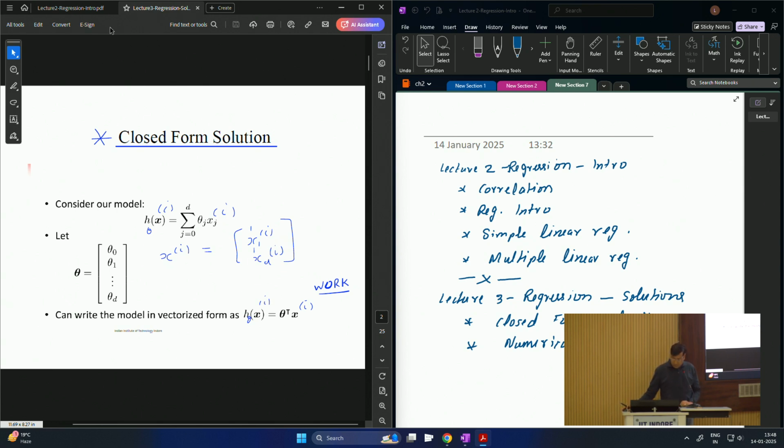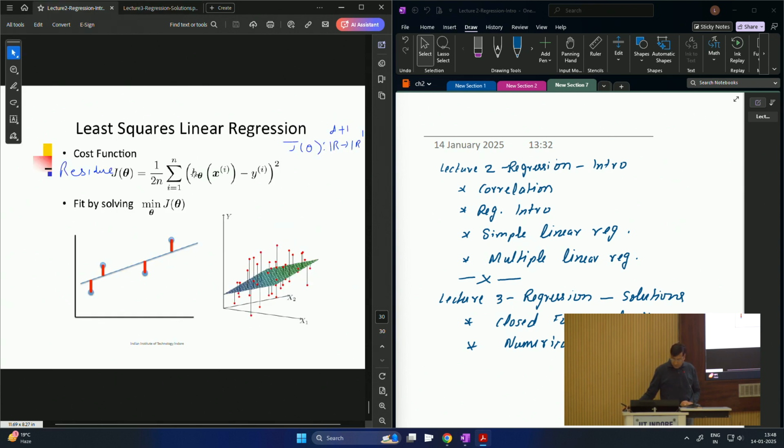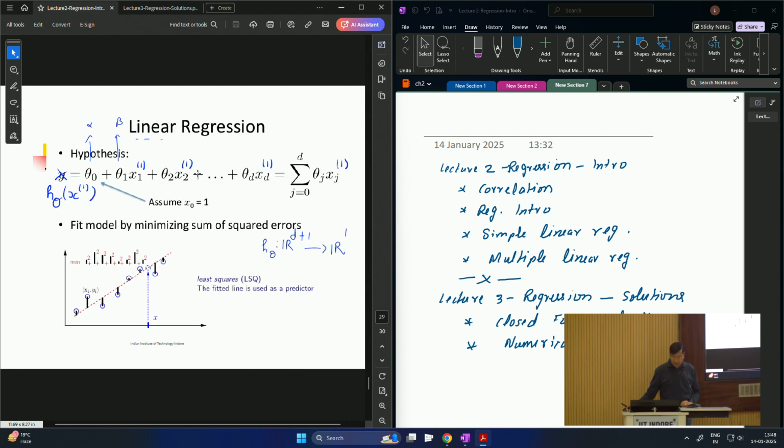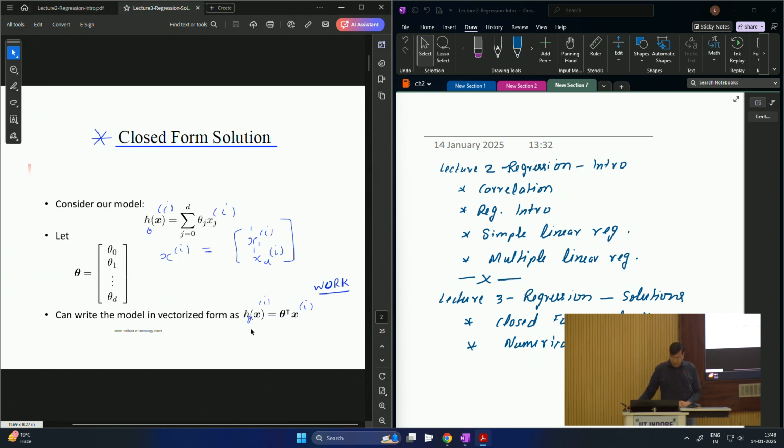So if you see this where we had stopped, I'm trying to write this h theta x^i more explicitly. What is my h theta x^i? It is the summation of theta j x_j^i, with subscript j and superscript i. So what I'm trying to tell is this thing can be written in this form.